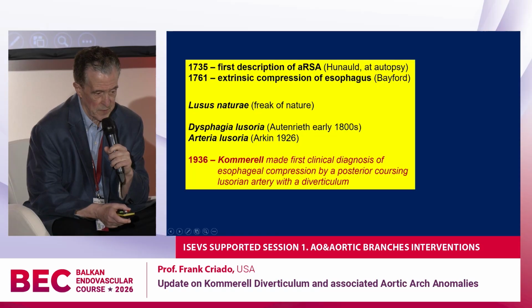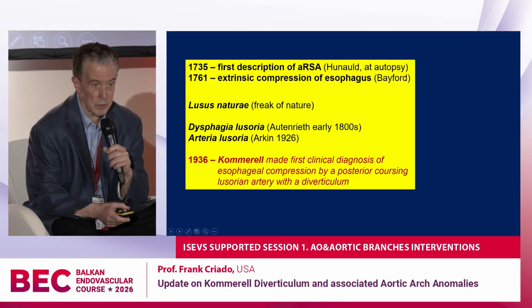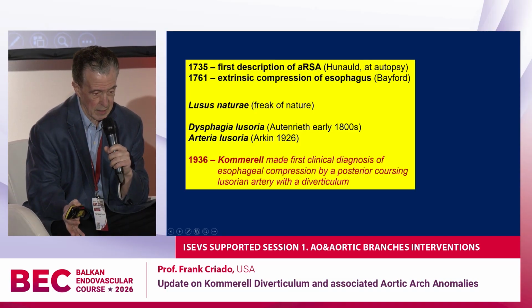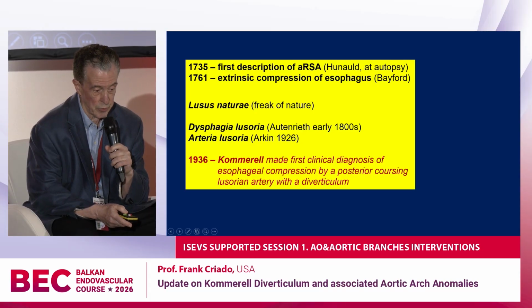The term dysphagia lusoria, which is an interesting term still being used today in the 21st century, comes from the early 1800s. And then, coming from that, the designation of arteria lusoria was put in front of us in 1926.